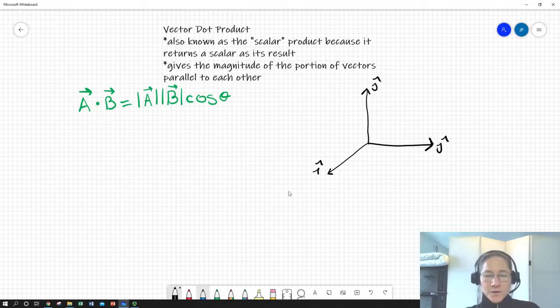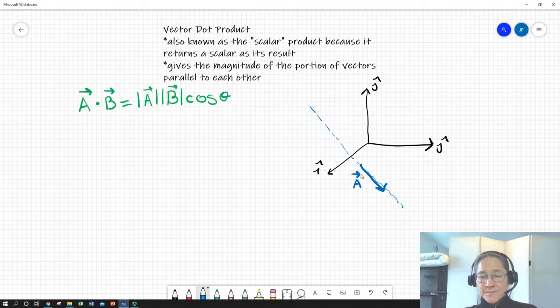I'm going to draw a couple of lines of action of vectors in 3D, where I'm not even going to be tempted to try to graphically represent those right angles that are kind of hard to draw. So I've got a vector A heading along some line of action.